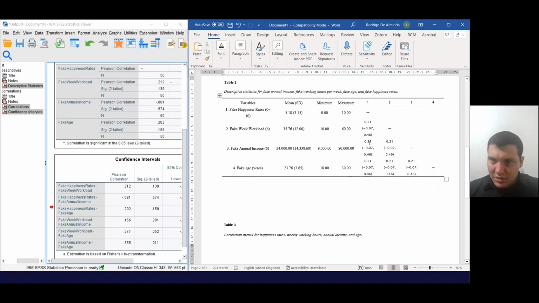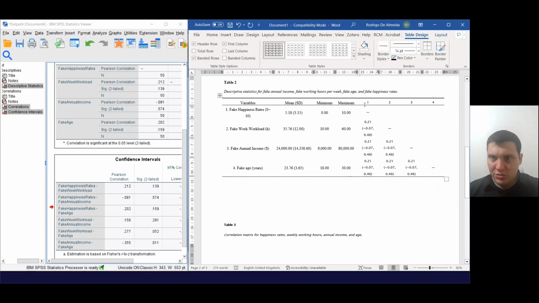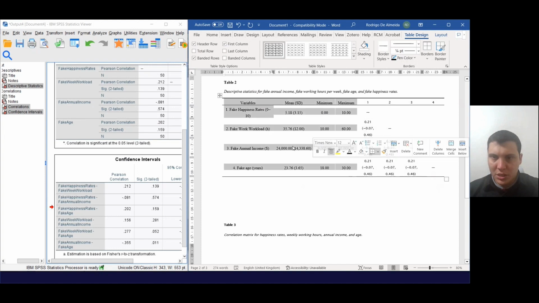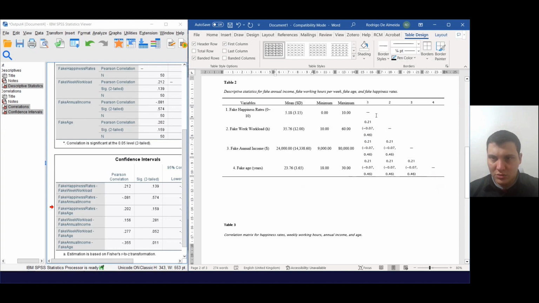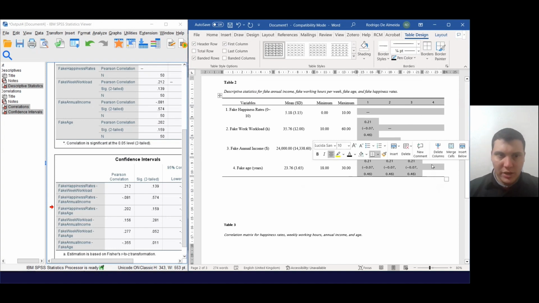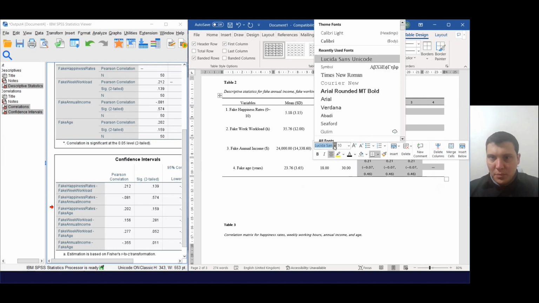So the fonts are different. This is Lucida Sans Unicode 10. This is Times New Roman 12. Both are correct according to APA, but we cannot have both at the same time. We have to have consistency in our font.